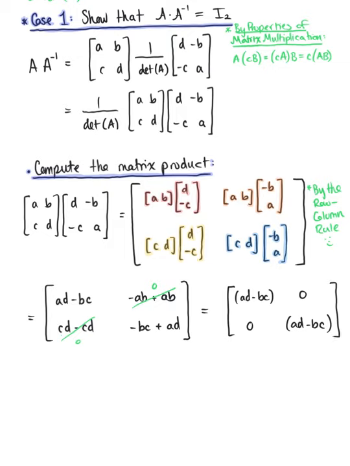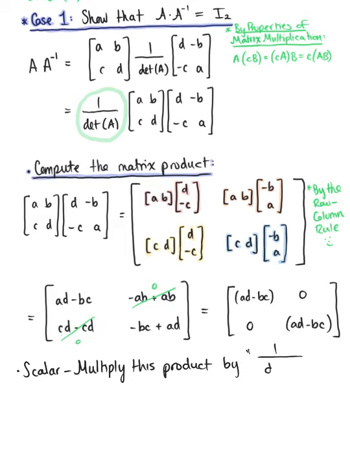Now that we have computed our matrix multiplication, we are officially ready to multiply by the scalar, defined as 1 over the determinant of matrix A. So here we go. We want to scalar multiply this product by 1 over the determinant of matrix A. And we are hoping that this is going to leave us with the identity matrix.